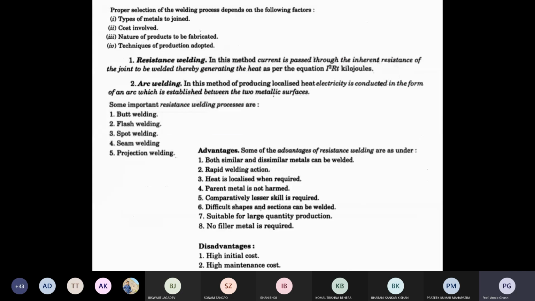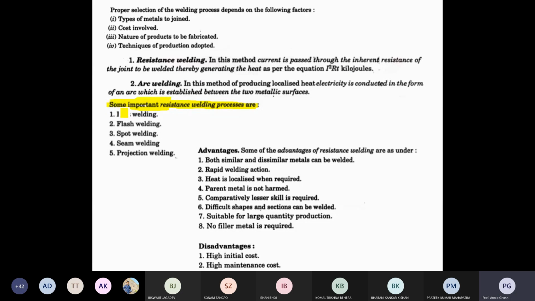Today I am going to discuss some important ideas on the resistance welding processes. What are the most important features of resistance welding?